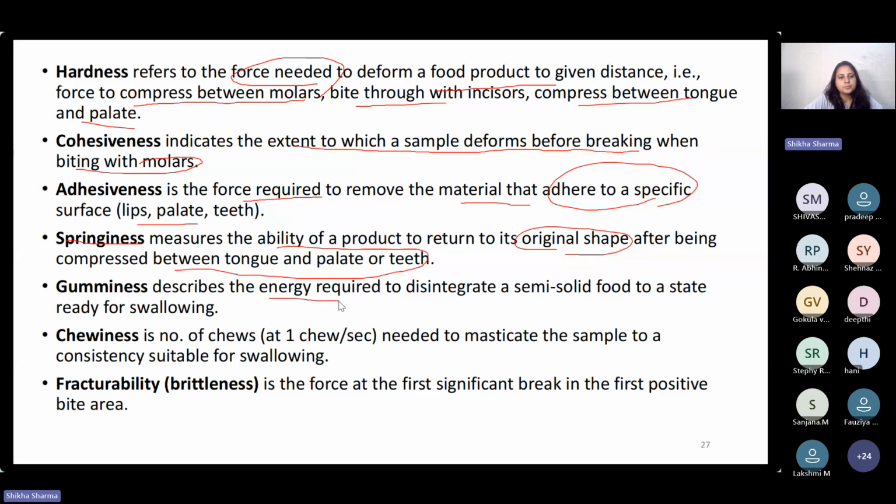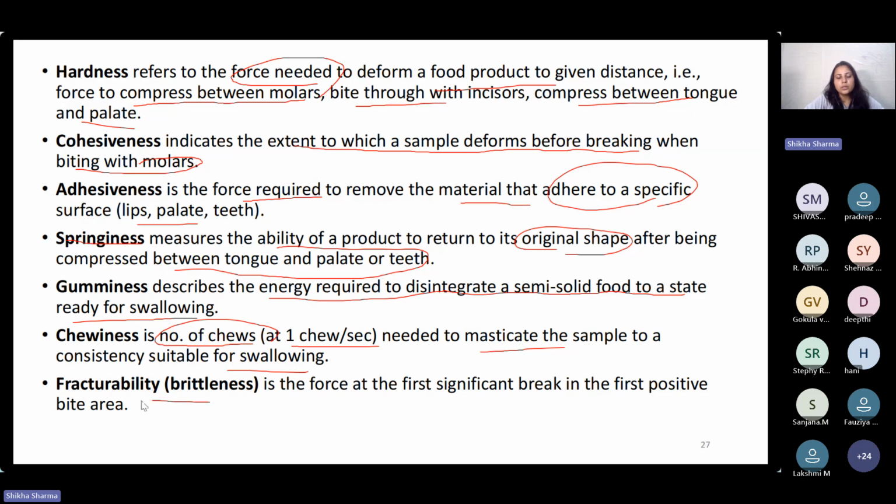Then is gumminess. It is the energy required to disintegrate a semi-solid food to a state ready for swallowing. Then chewiness, the number of chews we are doing, like one chew per second or how many chews we can do per second. It is needed to masticate the sample to a consistency suitable for swallowing.